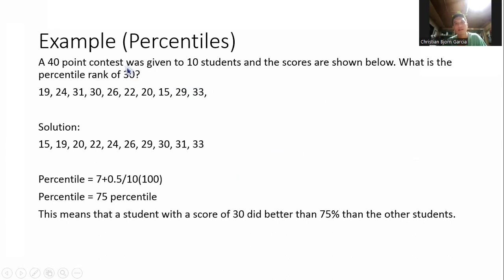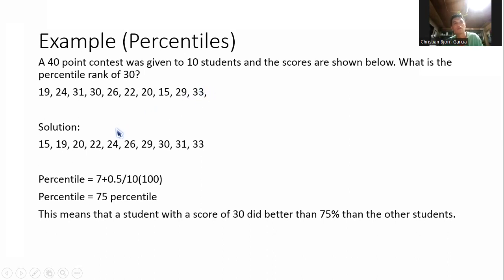Example for percentiles. A 40-point contest was given to 10 students and the scores are shown below. What is the percentile rank of 30? The scores are 19, 24, 31, 30, 26, 22, 20, 15, 29, and 33.